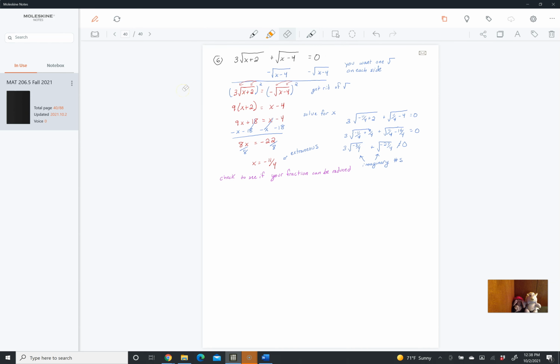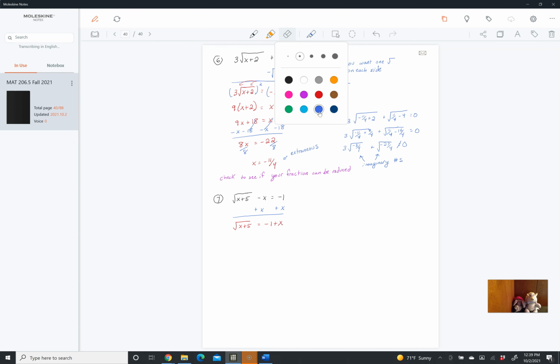Okay, next one. We have square root of x plus 5 minus x equals negative 1. You're going to add x to both sides. That's going to give you square root of x plus 5 is equal to negative 1 plus x.